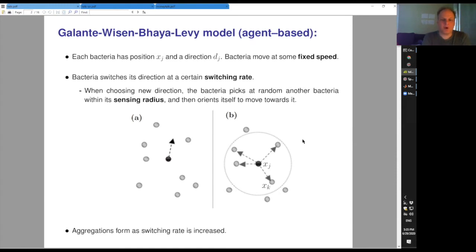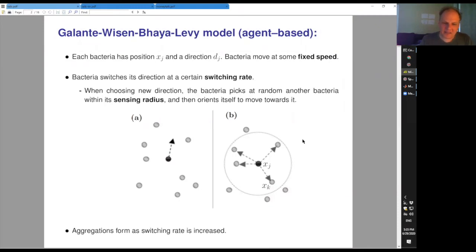Here's the model. You have a bunch of bacteria, a bunch of randomly moving dots. They move at random, but there's a switching rate. With some rate C, they will switch direction. The random motion is like Brownian motion, so they diffuse.